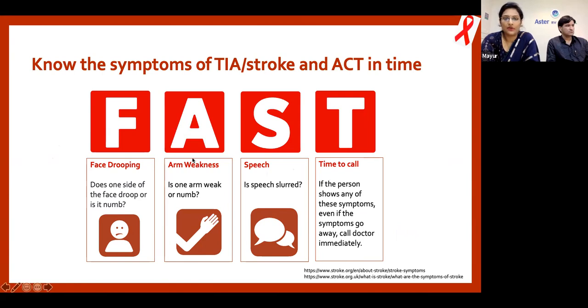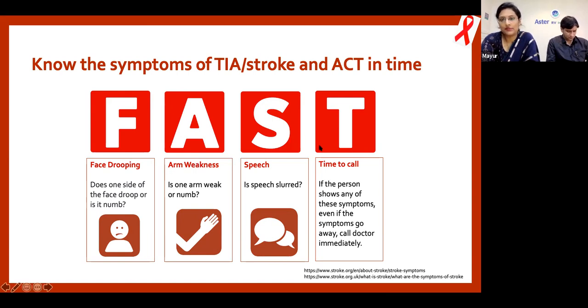A stands for arm weakness. One arm is weak or numb, so the person is not able to lift the arm. And S stands for speech disturbances. Suddenly, the person has difficulty understanding speech, or is not able to find the words, or the speech is slurred. These are the very common symptoms of stroke.